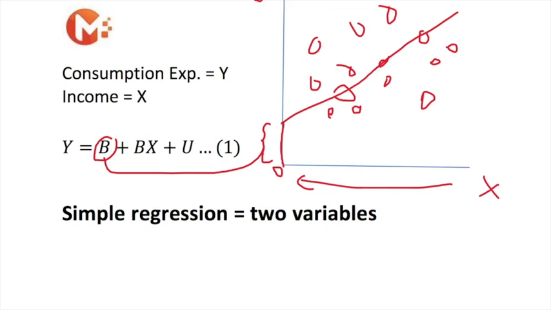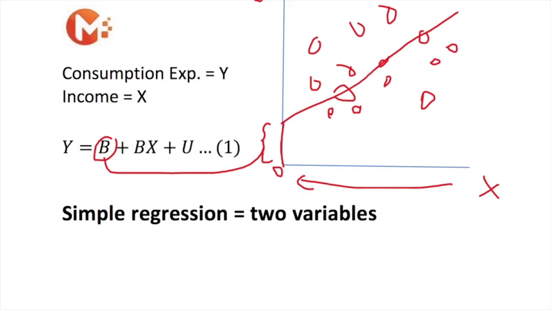You would also notice that all the data points are not lying exactly on the regression line. Some of them are outside the regression line, which explains that the relationship between two or more variables is inexact.